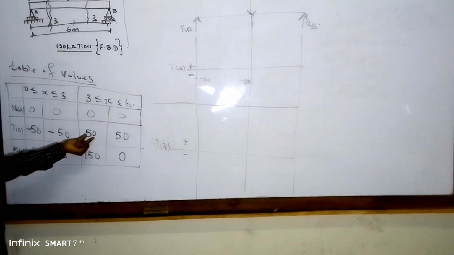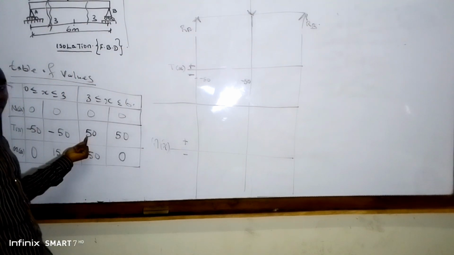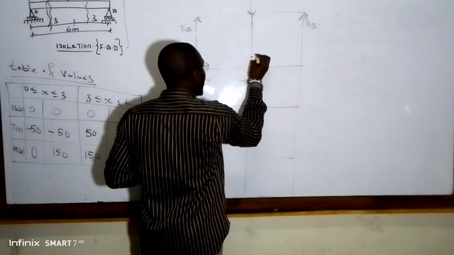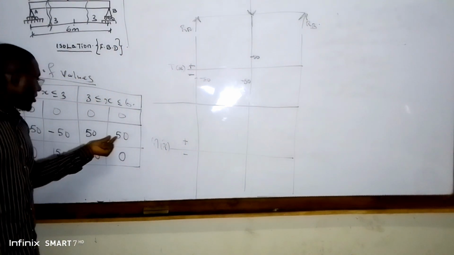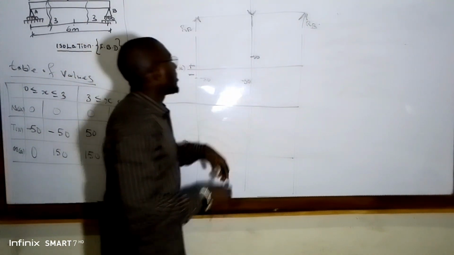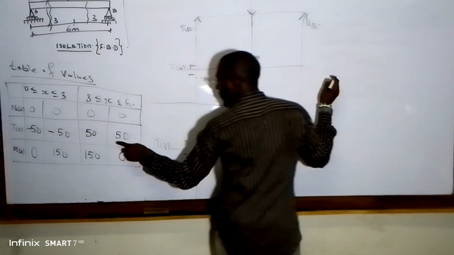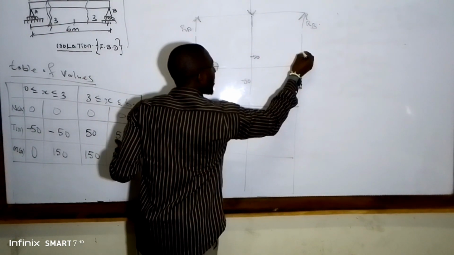So we are going to have 50, and this 50 now is positive, so we take it up. And we have 50 at this extreme end, at the length of 6 meters. The 50 is positive.